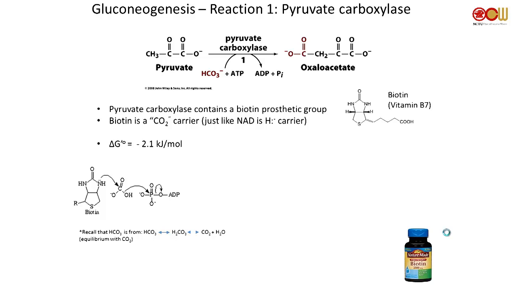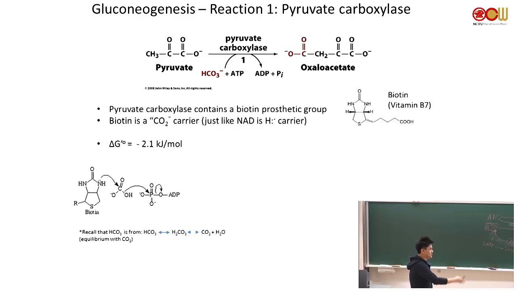Gluconeogenesis, reaction 1, pyruvate carboxylase. It's a carboxylase, so it's going to do a carboxylation reaction. It grabs a CO2, or in this case bicarbonate, and puts it on your molecule. This is one of the few enzymes that you use to take in CO2.